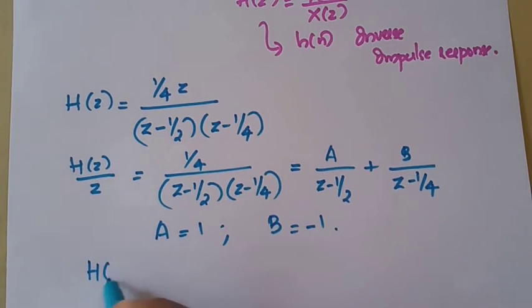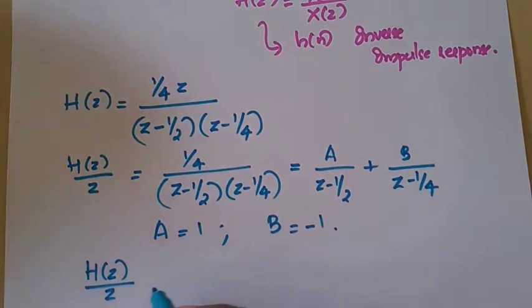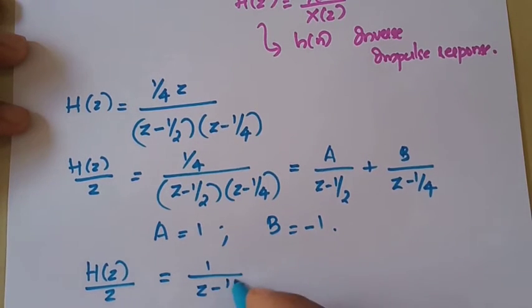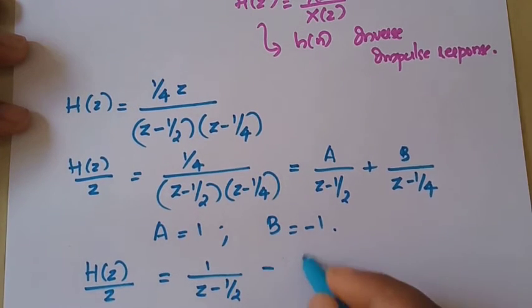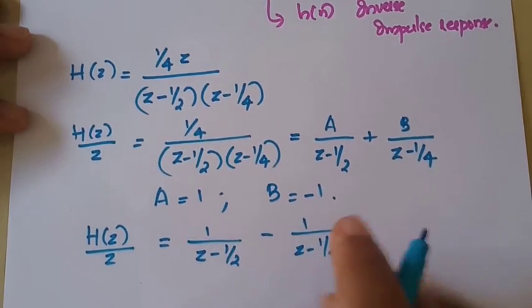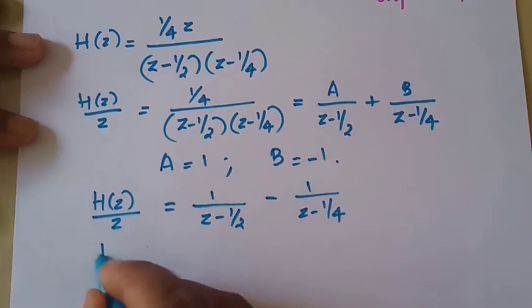Then we substitute the values of A and B in H of z by z. H of z by z equals 1 divided by z minus 1 by 2, and B is minus 1, so minus 1 divided by z minus 1 by 4.